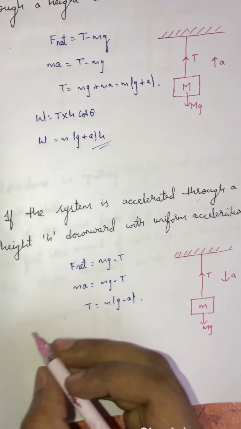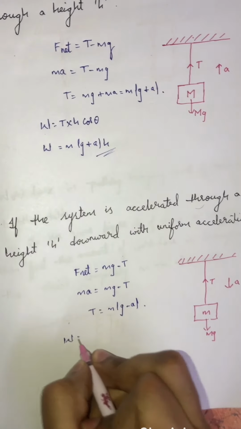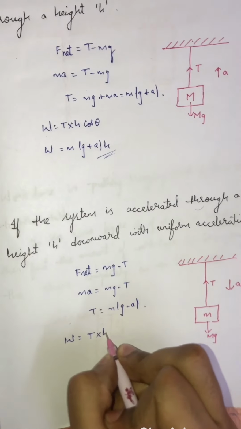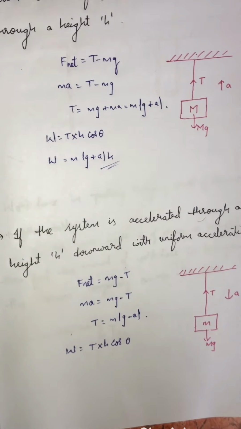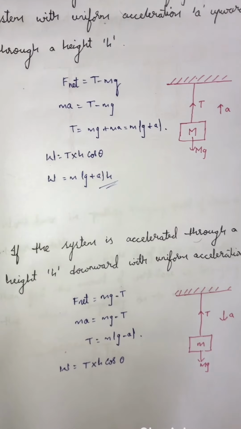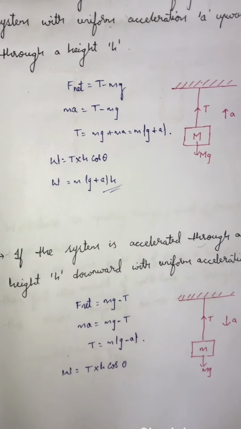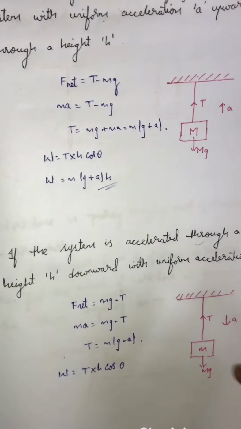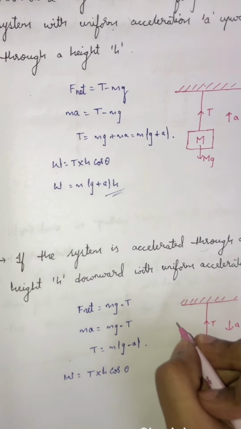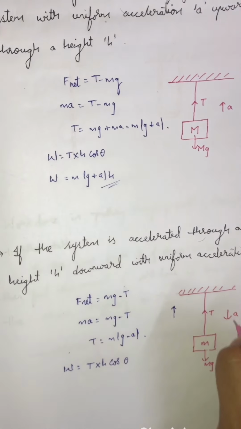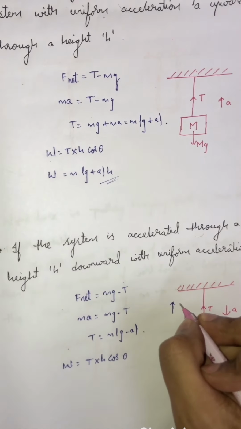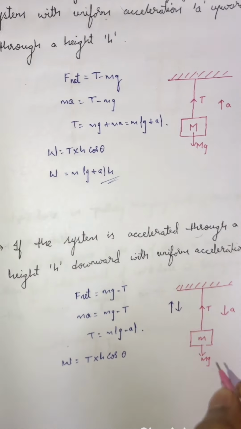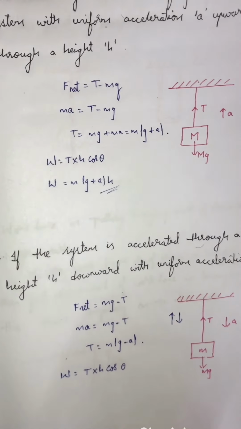Then work done is equal to T into h cos theta. Here, as in the question, to find the work done by the tension, tension is acting upward, whereas acceleration is downward, so the displacement is downward. Both are acting in opposite directions, that is cos 180 degrees.